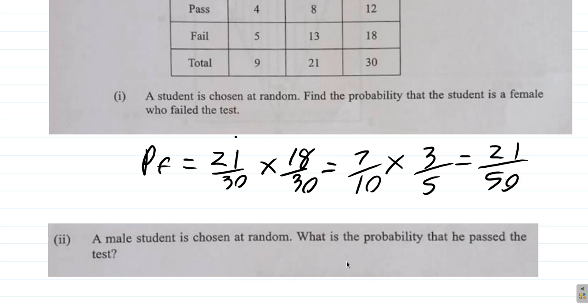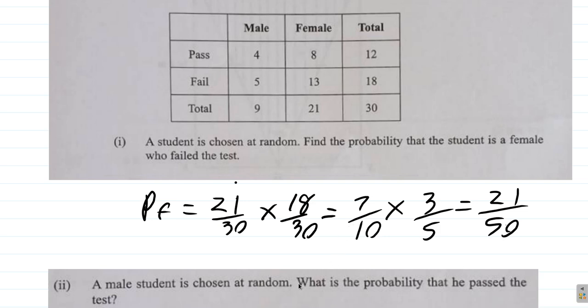You could have chosen a female or a male. The probability of female and pass the test means you find the probability of that student being female multiplied by the probability that a student passes the test. Now, this is different. You choose a male student, so you intentionally pick all the male students aside and concentrate on them. No females, just the males alone. What's the probability that he passes the test?